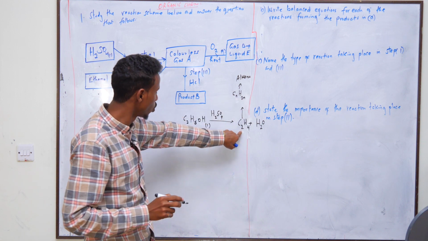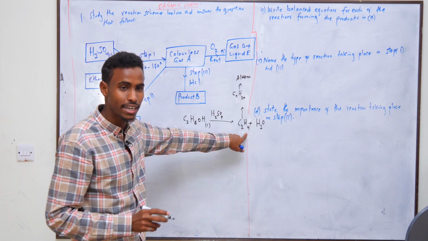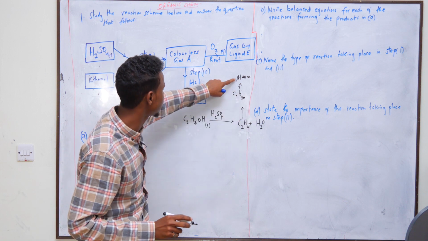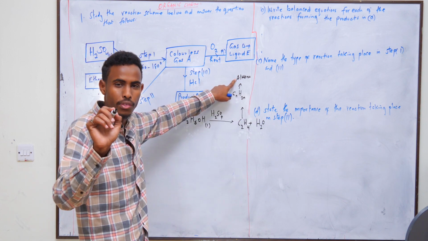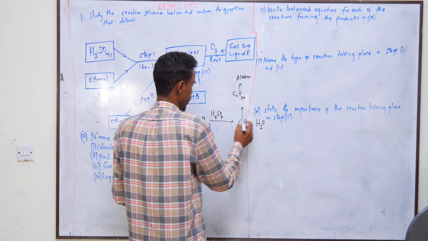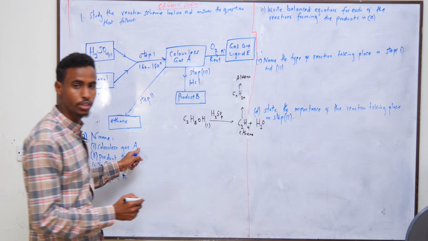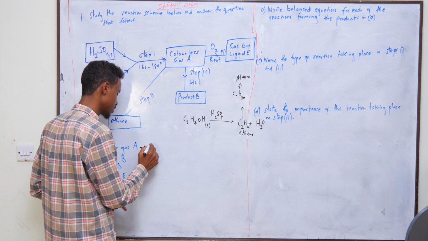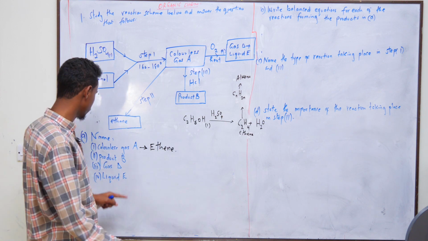Our n is 2. 2 times 2 becomes 4, and therefore this is an alkene. Now how can we name it, now that we know it is an alkene, specifically which type of alkene? Meth, carbon number 1, eth, now it becomes ethene. Automatically now, this is ethene. We have responded to this. Now let's go to the next one.